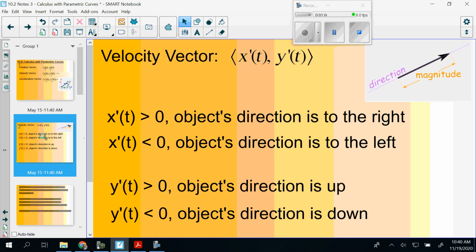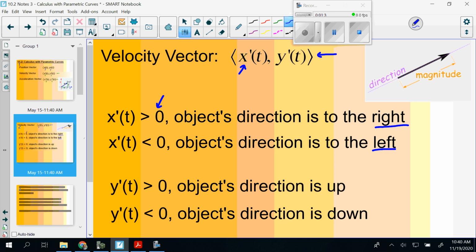Some things to know. If you take the first derivative, you're getting this velocity vector. If the x component of that is positive, greater than 0, that means the object's direction is going to be to the right. If it's less than 0 or negative, then your object's direction is going to be moving to the left.